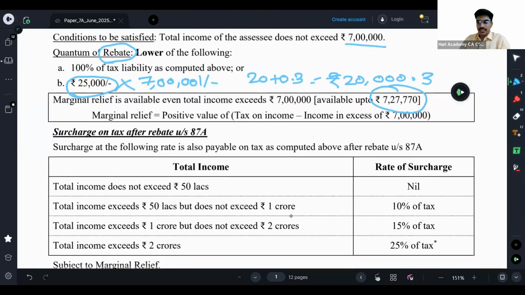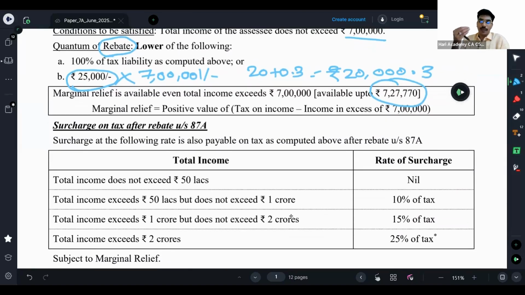Next is surcharge. So what is surcharge? Basically, from the total tax liability, you have to first add surcharge and then add the cess value. So it is going to be tax, and on tax, you have to charge the surcharge. So it is going to be like total income.